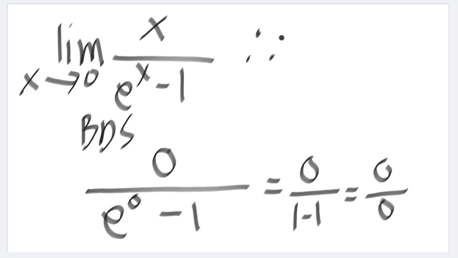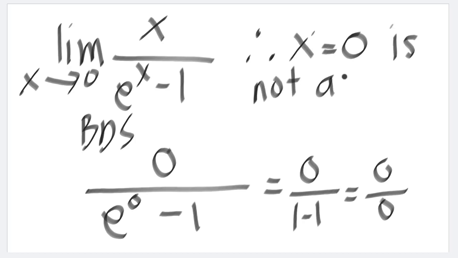x is equal to 0. Please take note, 0 over 0 is not equal to 0. Be careful with 0 over 0; if you write that it equals 0, you will be wrong. So, therefore, x is equal to 0 is not a vertical asymptote.